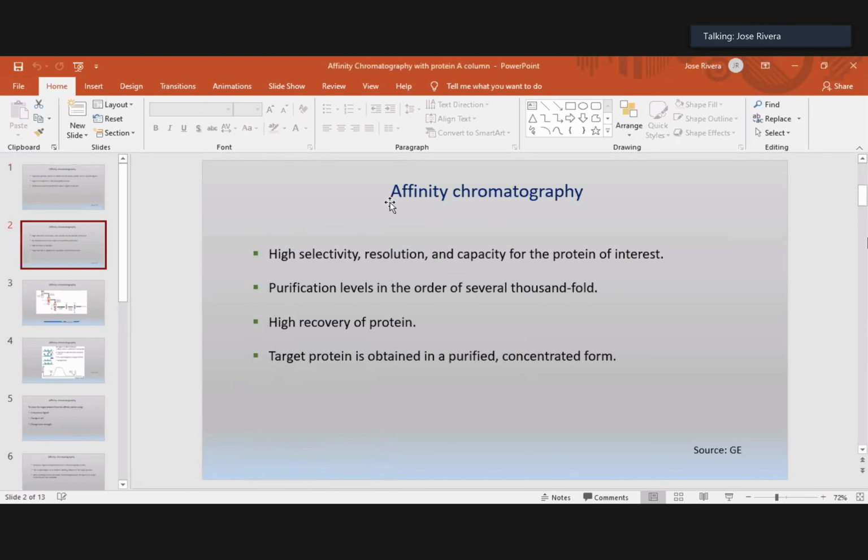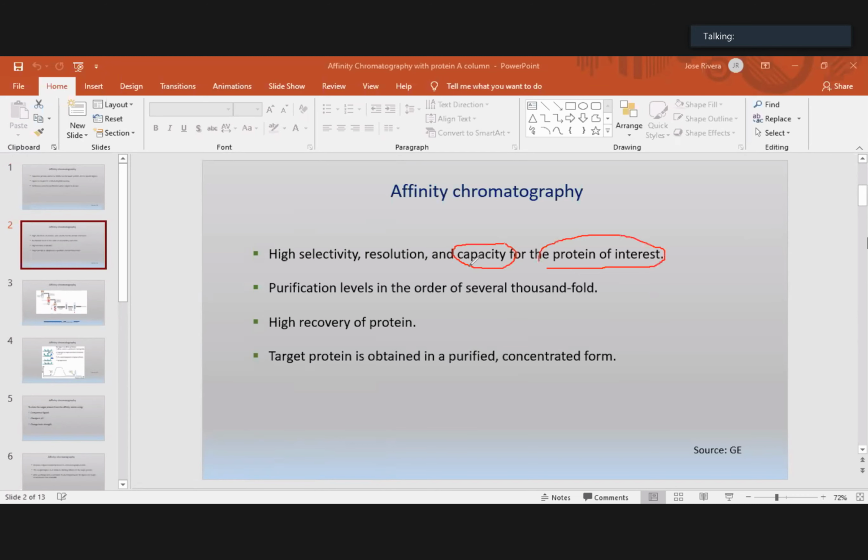Okay, so some of the things that they say about affinity chromatography: you can actually pick a small amount of one protein from a soup that has thousands and thousands of proteins. It has a high capacity to purify the protein that you want.